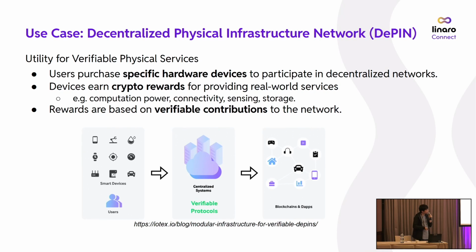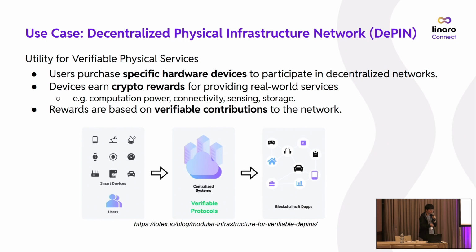Another use case is the decentralized physical infrastructure network, which we call DePIN. It's developed based on the traditional IoT environment. In traditional IoT, we purchase a device and we use it. That's it. But in Web3, it's a kind of smart IoT device.